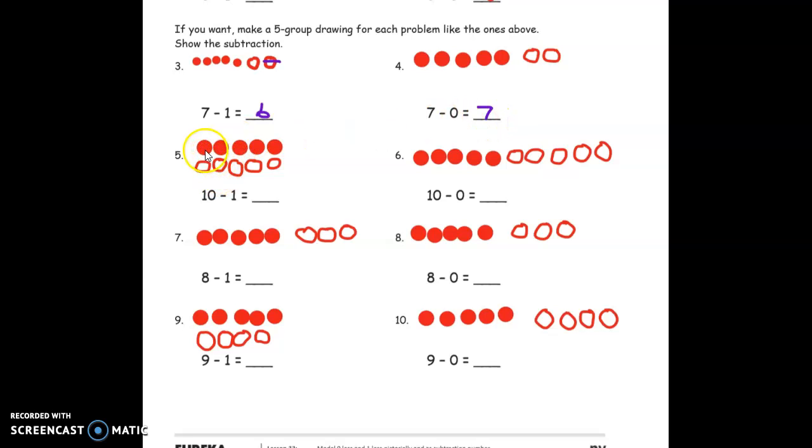Number 5, we have 5, 10. 10 subtract 1. We need to subtract 1. Cross 1 off. How many do we have left over? 5, 6, 7, 8, 9.